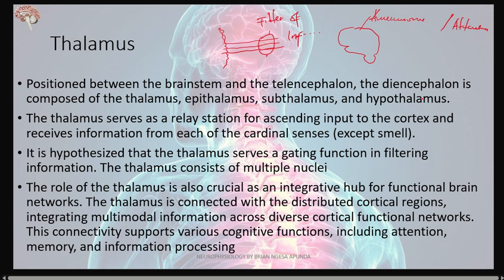So, for example, if the thalamus filters off some particular impulse, it means that if that impulse just stagnates at this point, the cerebral cortex might not be aware of that particular impulse.